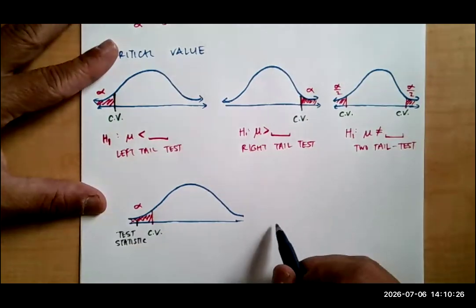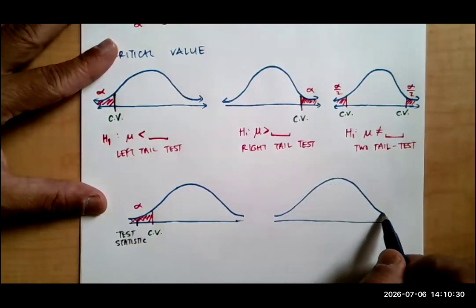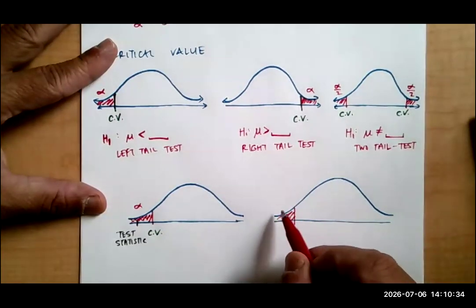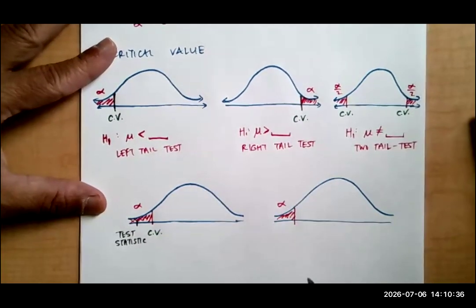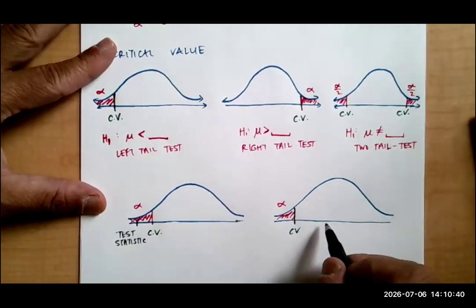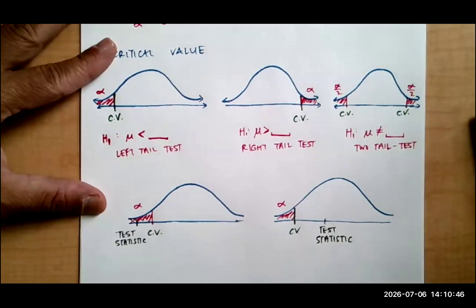I'll use that left tail test as an example. It can be the same when it comes to our right tail test or even the two tail test. If our test statistic is outside that shaded region beyond the critical value, right?